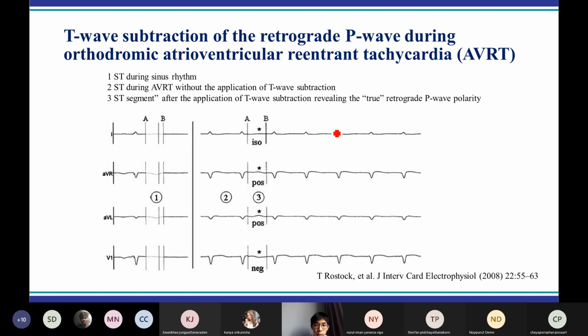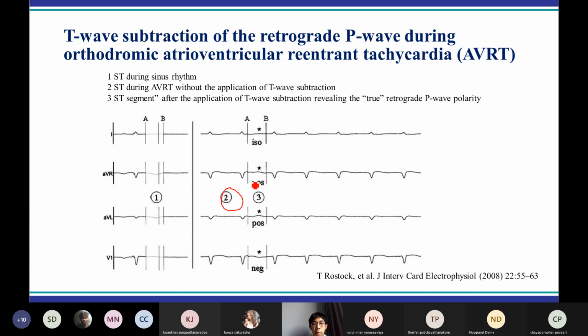The second one is the ST segment during AVRT without the application of T-wave subtraction. And the third one is the ST segment after the application of T-wave subtraction.